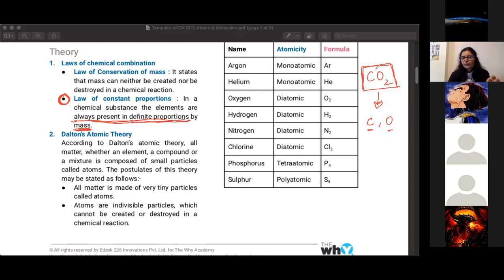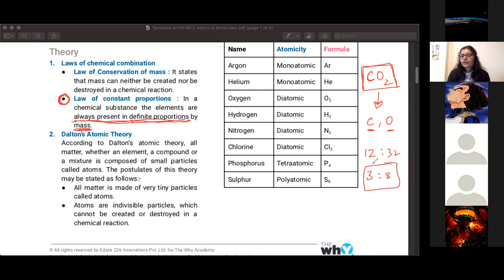So if you somehow are able to separate the carbon and oxygen from carbon dioxide, and then take their weight, no matter what carbon dioxide you take, whether from breathing out, or from smoke, or from the atmosphere, it will always have carbon and oxygen, and the ratio of carbon and oxygen is always 12:32, which is 3:8.